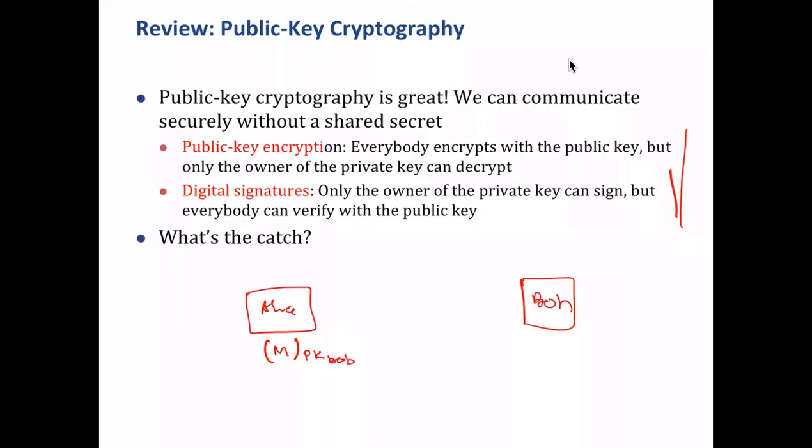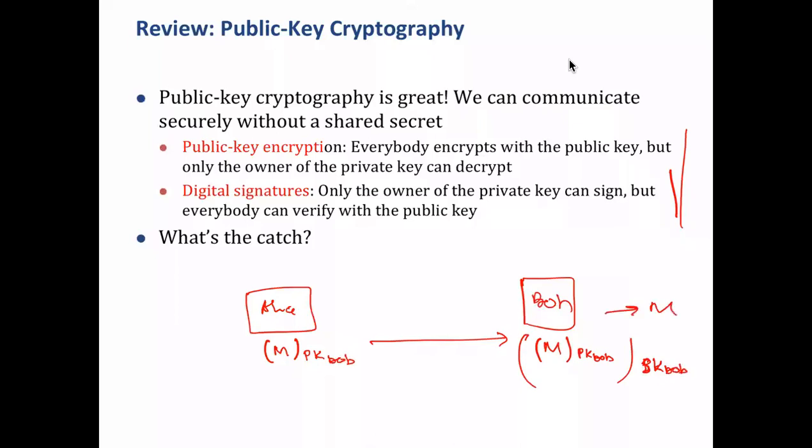Okay, and then when Bob receives the message encrypted with his own public key, he decrypts it using his own private key, SK, for example, the secret key of Bob, and we get the message, right?